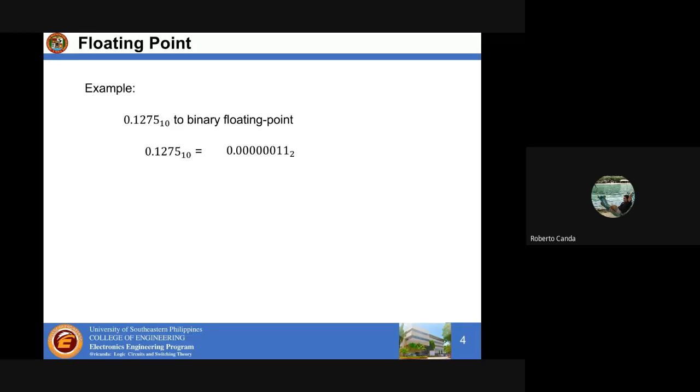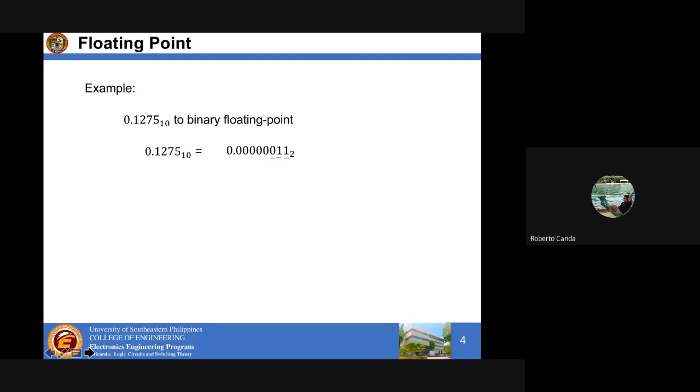But if your 6th bit is 0, so we have 1, 2, 3, 4, 5, 6. Since this is 0, we proceed to another value so that we can get a whole number. So this is 1. But we have to proceed to another one for your scientific notation, the decimal or demarcation point.